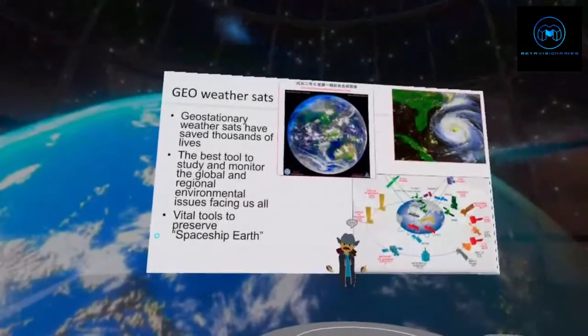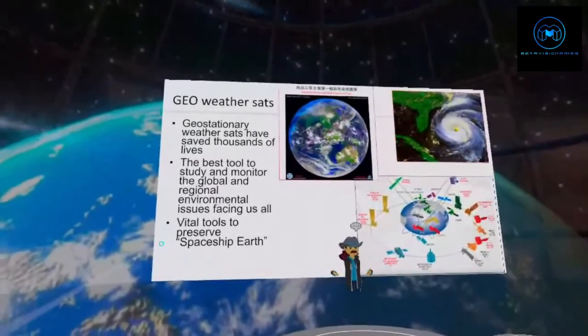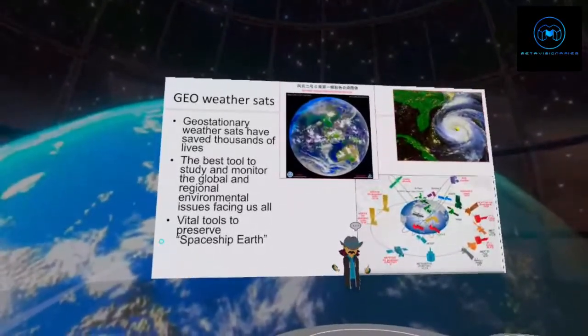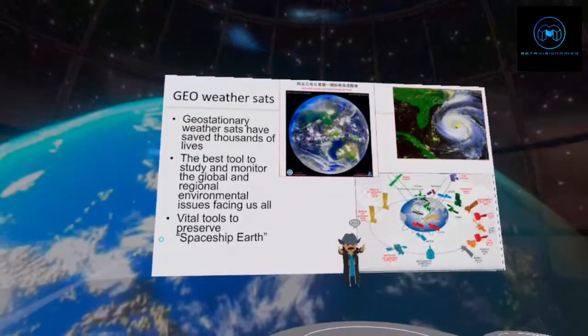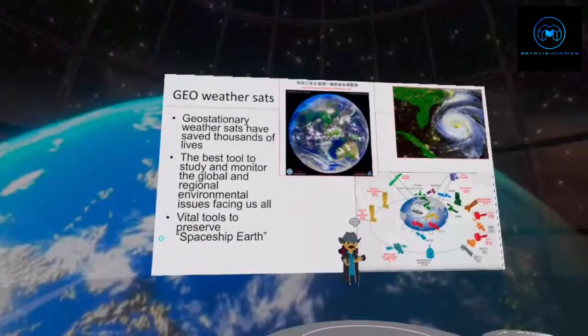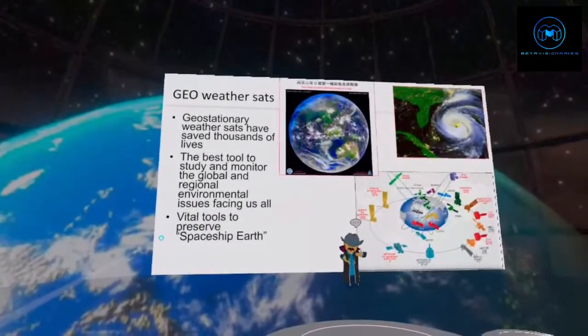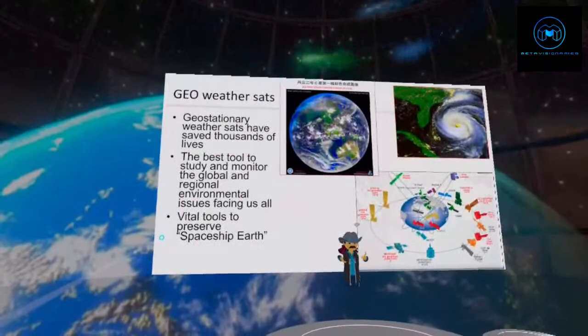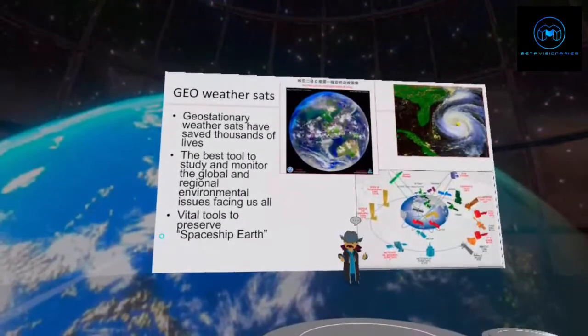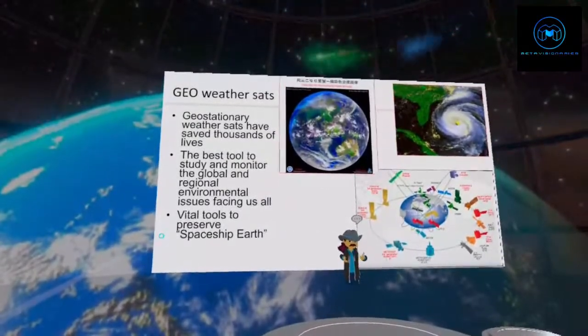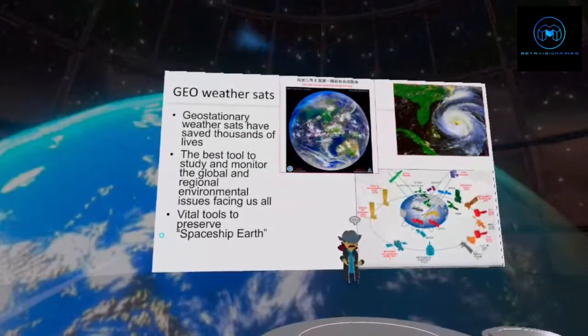So we do a wide variety of what we call Earth system science activities using these global geostationary weather satellites in cooperation with LEO satellites and people working on the ground using GPS, using field measurements. And these are the toolkits we use today to be able to understand and monitor and model changes in our spaceship Earth.